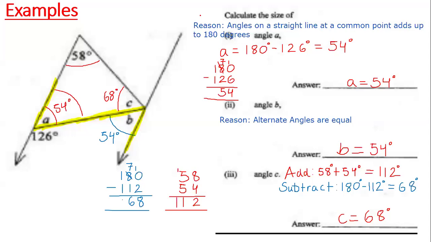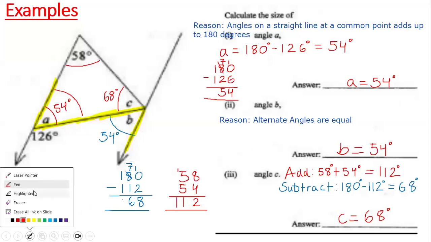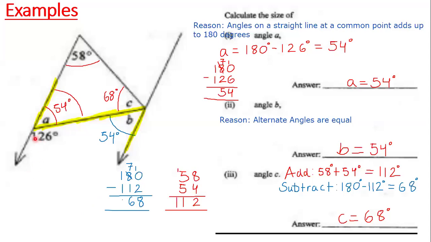So the 126 was just a decoy or something? We could also find it another way. If we subtract 126 from 180, we would get 54 too. That's another way you could do it. Can I ask you a question, Mr. Petit? Go ahead.